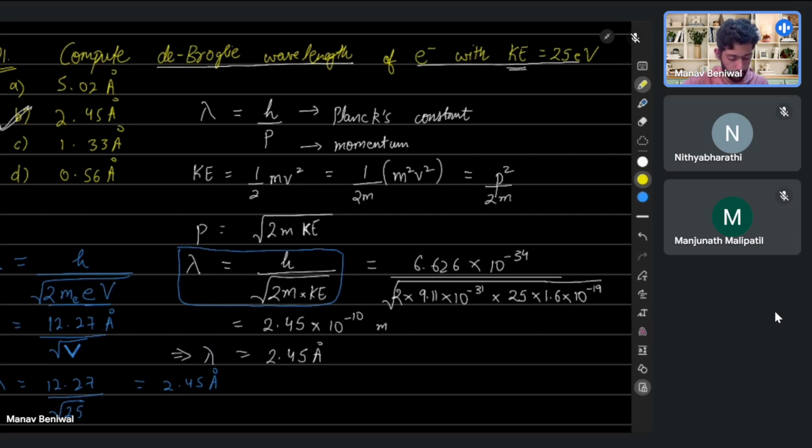If you want to remember this value, it will make your life much simpler. You just have to plug in the value of the voltage in which it is being accelerated, and you can directly get the value of the de Broglie wavelength. Or you can solve it conventionally, just like we did earlier. Any doubts in this one?